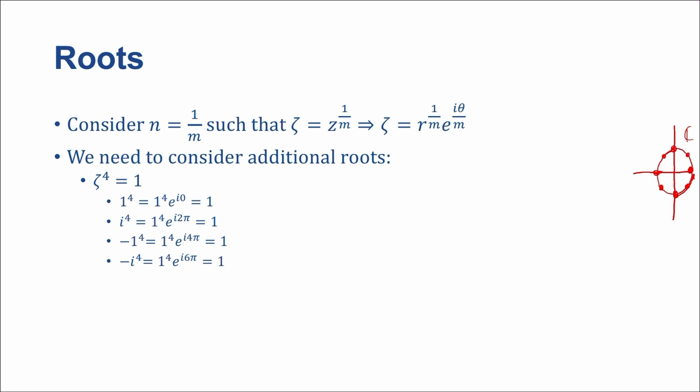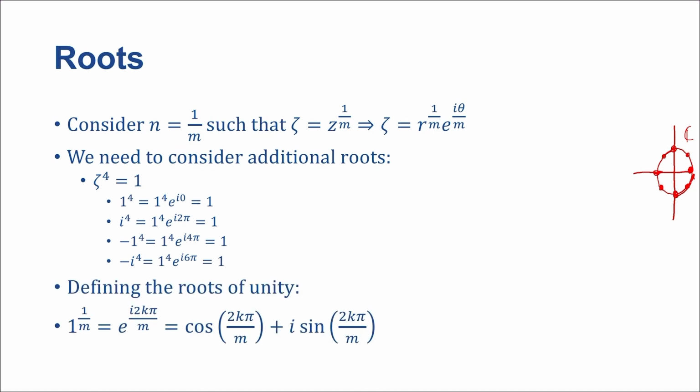If I have 1 to the 1 over m, which we call one of the roots of unity, the roots of unity, because it's the root of 1, you can call 1 unity. So I would have 1 to the 1 over m being equal to e to the i 2k pi over m.